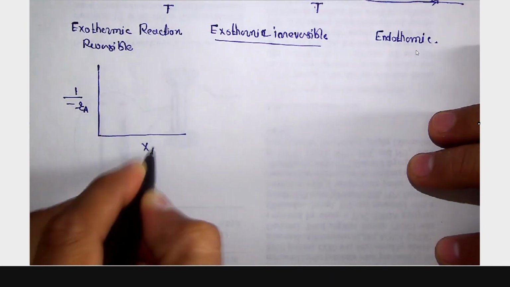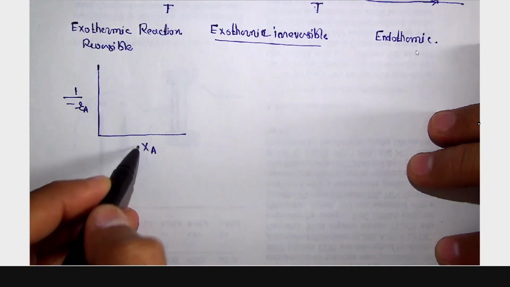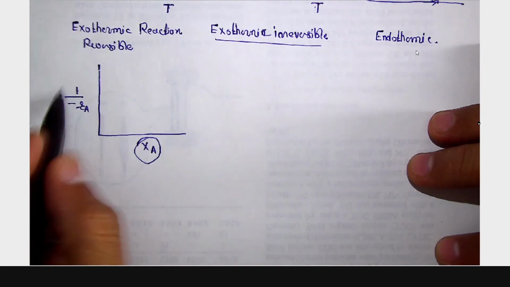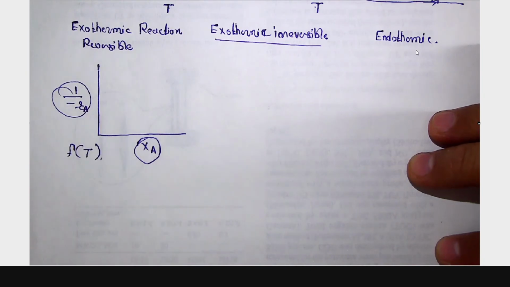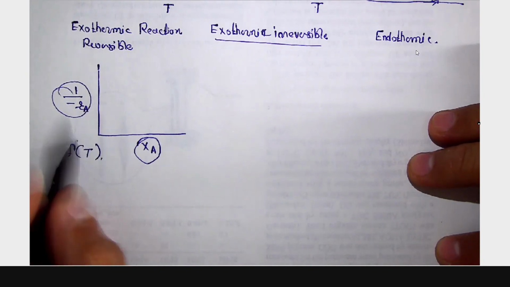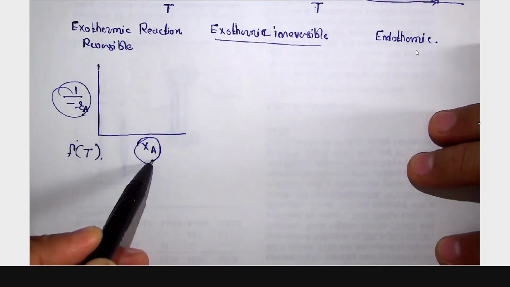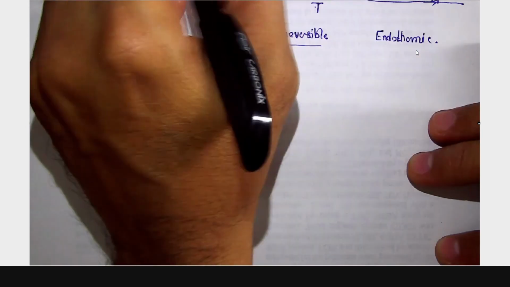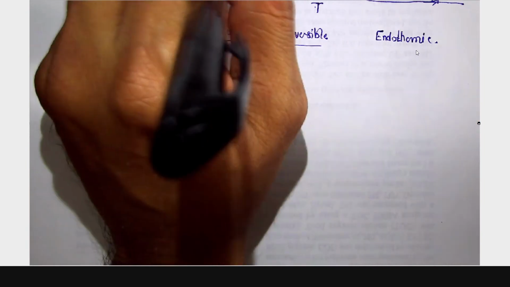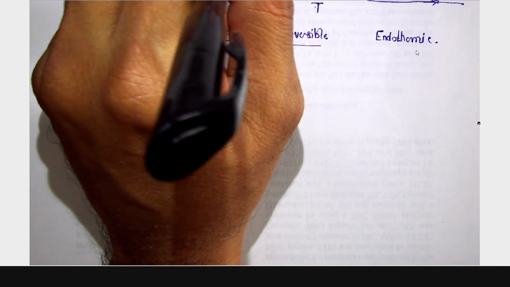For any reaction, you have to plot this XA and RA, but again this is a function of temperature. So to get the maximum value of RA as well as conversion, we have to maintain it, and different configurations like the stage, recycle reactor, mixed flow, plug flow reactor will be preferable, which we can decide based on the optimum temperature progression.